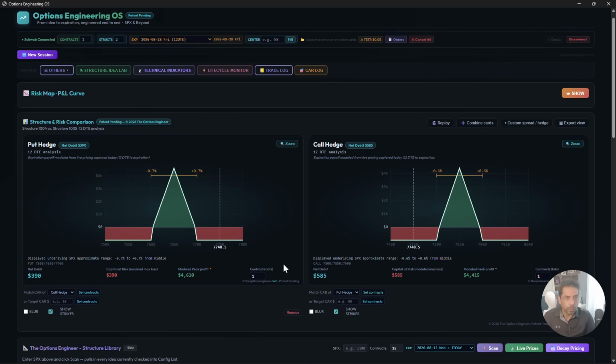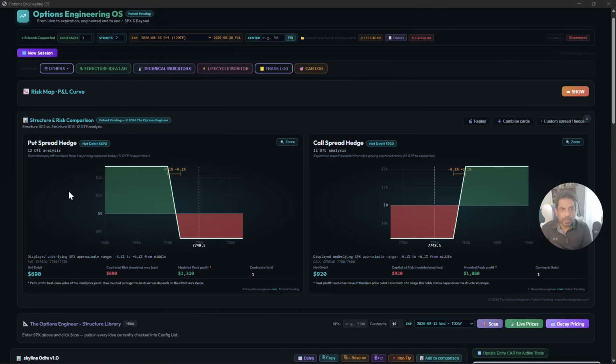Both butterflies are 50 points wide, but what we can see is the debit for the downside butterfly is 390 for one contract, and the debit for the upside butterfly is 585. So similar payoff, same distance, but the pricing varies, and I will get into that as we go back to the presentation mode.